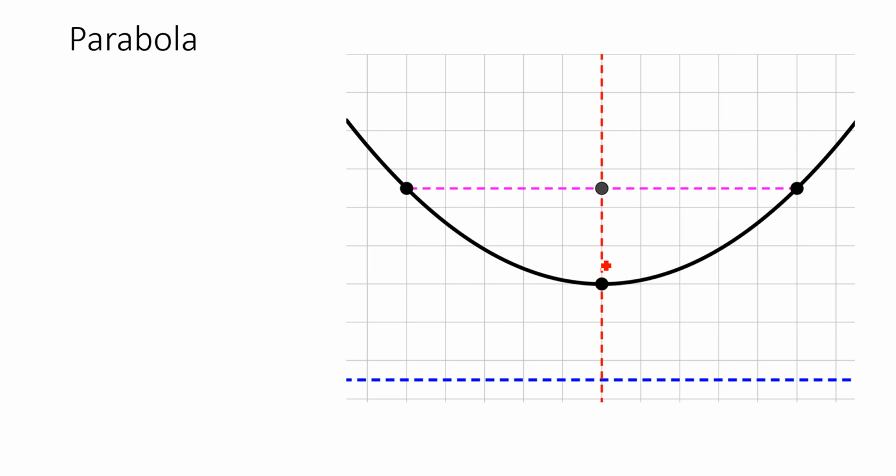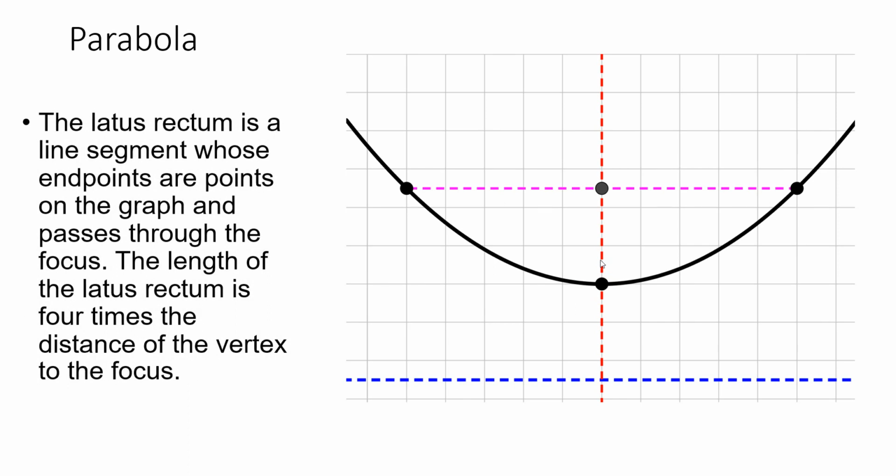The latus rectum is the line segment whose endpoints are points on the graph and passes through the focus. The length of the latus rectum is 4 times the distance of the vertex to the focus. So it should pass through the focus, and its endpoints are on the parabola.